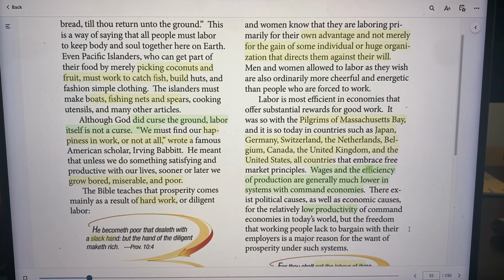When labor enjoys freedom, a person is free to bargain with their employer: what kind of pay they need, what hours they can work, what conditions. Labor unions do this, but in communist and command type governments, they don't. Those economies have no freedom, and it's slavery, even slave labor.